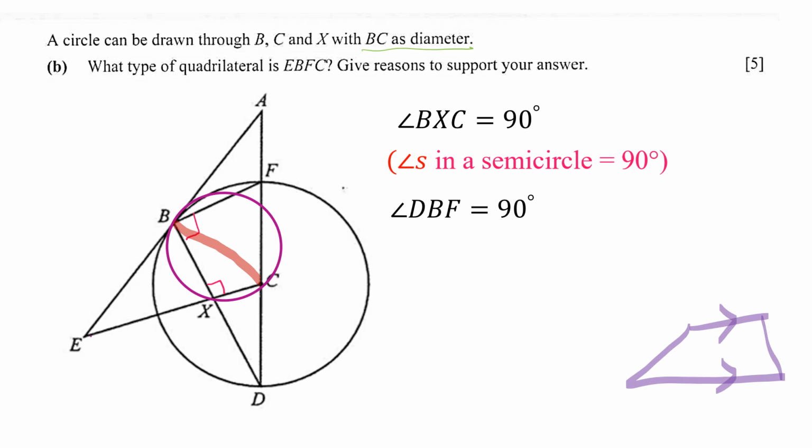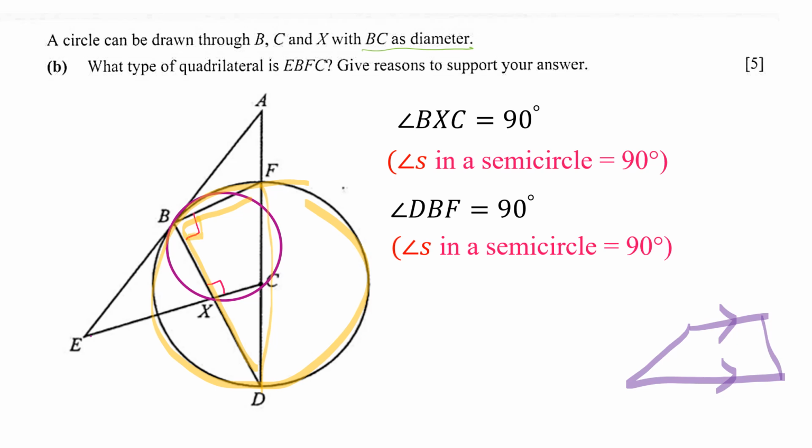Why is DBF 90? As I mentioned earlier, you're given FD as the diameter of your big circle, the big circle we're talking about. And FD is the diameter. So therefore, this is 90 using angle in the semicircle.